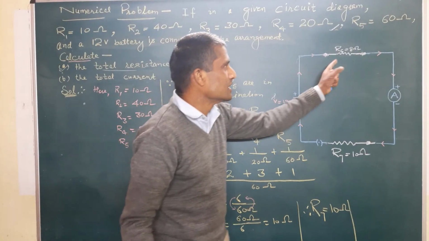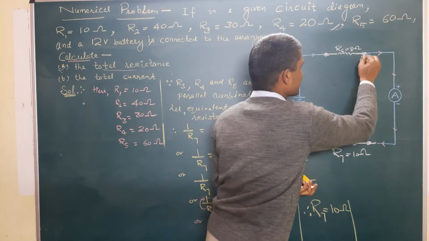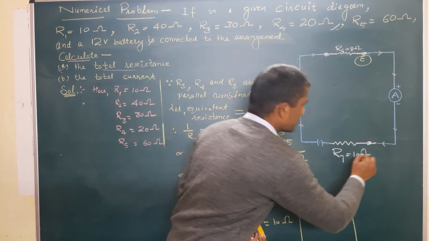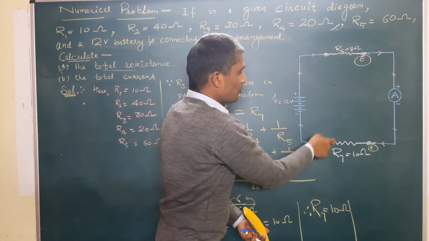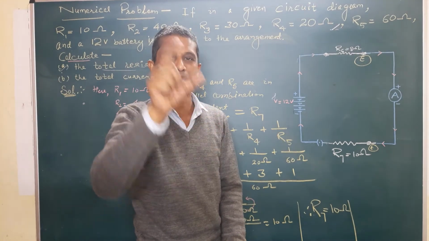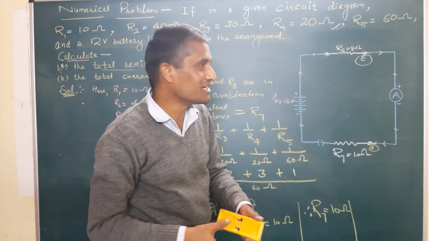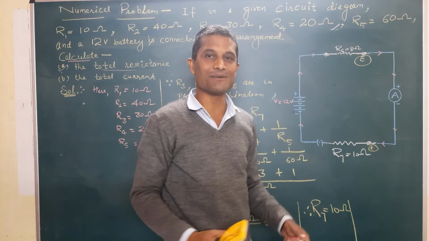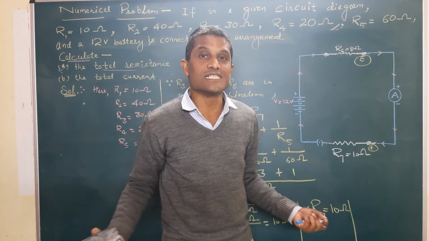So it shows an end to end combination. The remaining ends of these two resistors are connected to the two different terminals of the battery, creating a series combination of R6 and R7. These two resistors are in series combination.